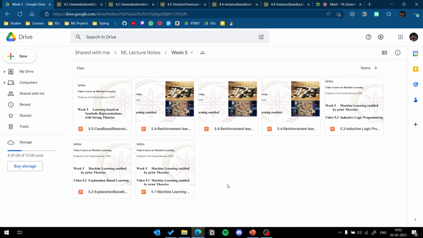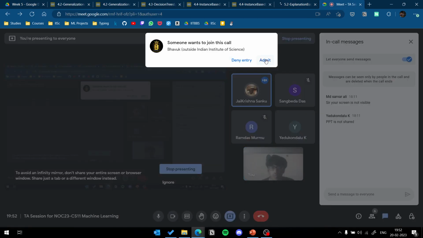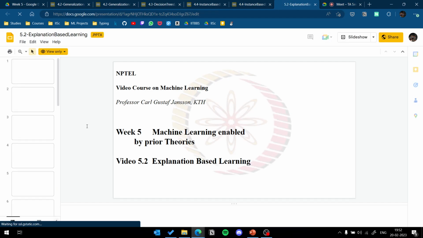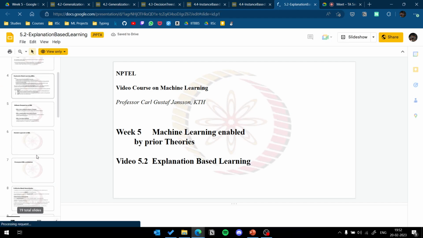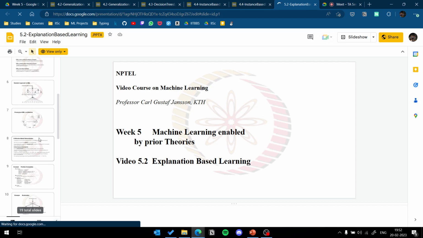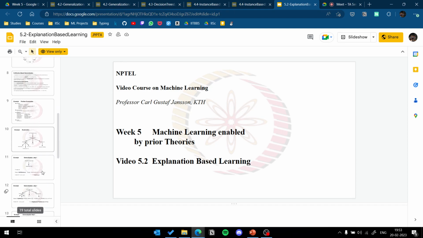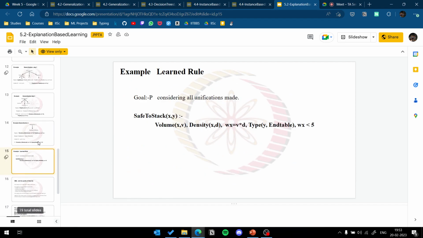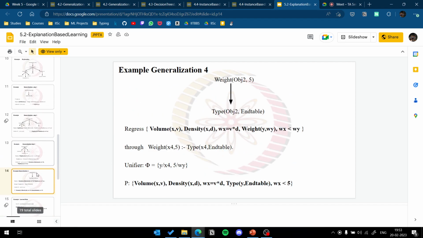Explanation based learning I think requires a little bit of study. I need to understand explanation based learning. I will obviously discuss that next week. If there is anything specific that you want to understand, I'll focus on that a little bit. Otherwise, in general, I will cover everything which is there, and I'll also solve some problems.